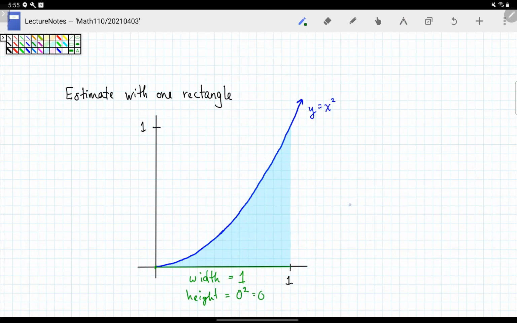So our first estimate, I'm going to call this R sub 1. R, by the way, stands for Riemann. Riemann was the name of the mathematician who came up with this method, or at least whose name is attached with this method of finding areas under curves. Whoa, whoa, whoa. Sorry.